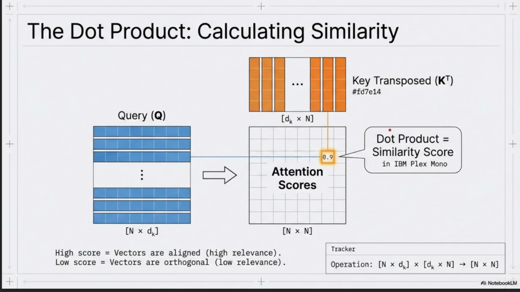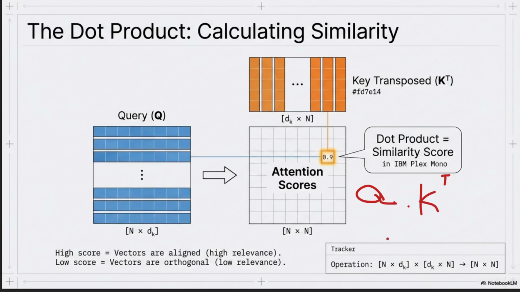Now for the third step, we calculate the dot product to find similarity. We want to know how much "let's" relates to "go". We calculate the dot product of the query matrix Q and the transpose of the key matrix K. So the score is Q multiplied by K transposed.